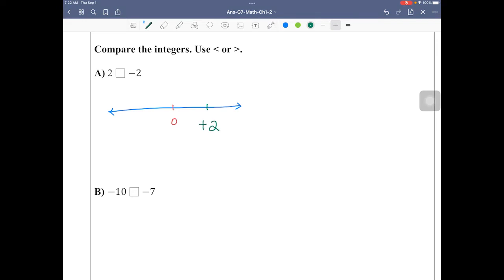I have -2 on the negative side at the same distance, also 2 units. So in this case, +2 is larger than -2. Where the fish mouth opens is the larger number, because the fish wants to eat the larger food.